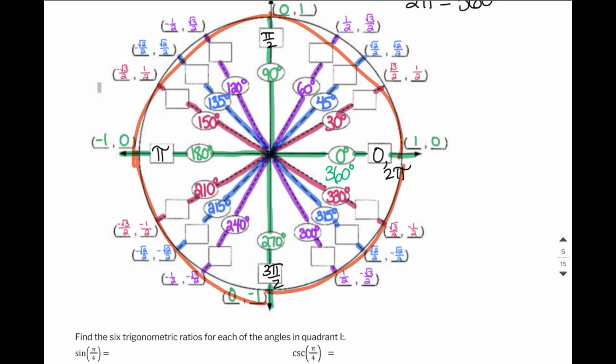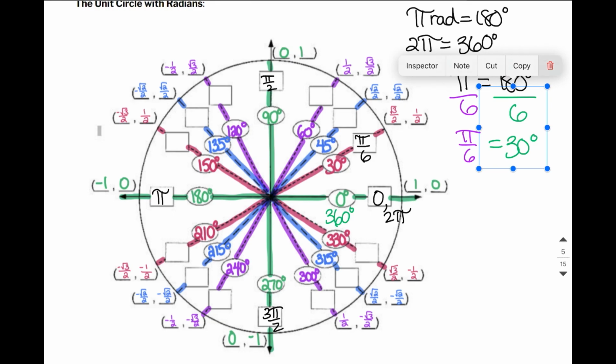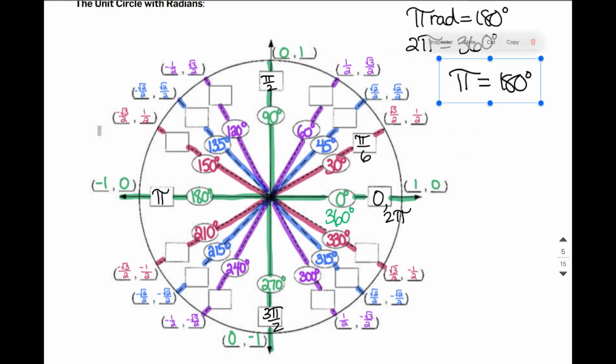So this would be pi over 6. But remember, if we know that pi is 180 degrees, in order to get to 30 degrees, we would have to divide this by 6. So then we can divide this side by 6 as well. So that's why this right here would end up being pi over 6.